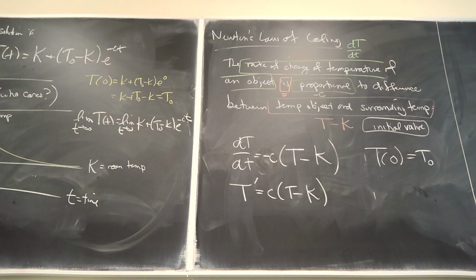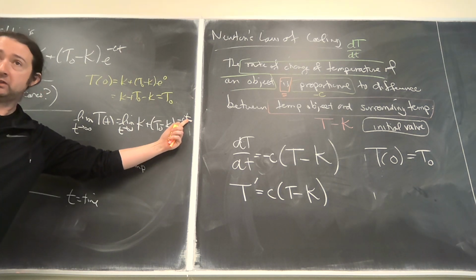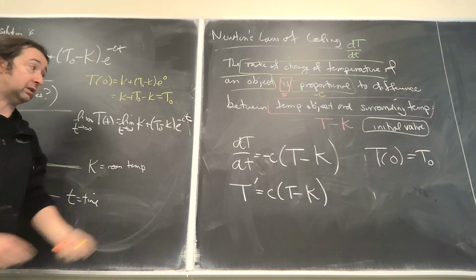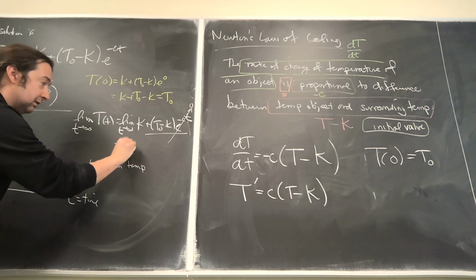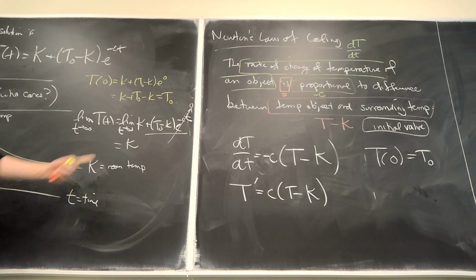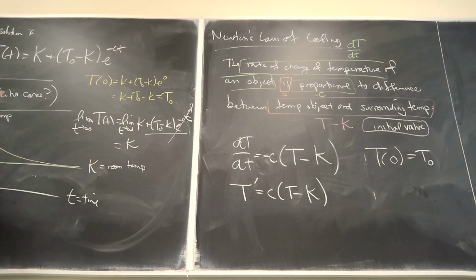Because as t is going to infinity, e to the minus infinity is 0. That term disappears to 0, which kills all of this, and what's left behind is k. So it has the right initial condition, it has the right asymptotic condition, and what it suggests is this particular model of cooling gives you exponential decay in the cooling.